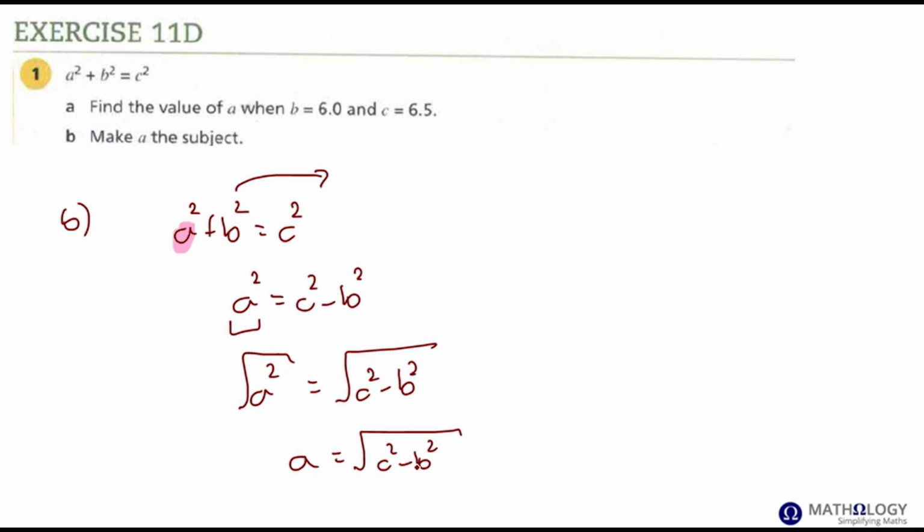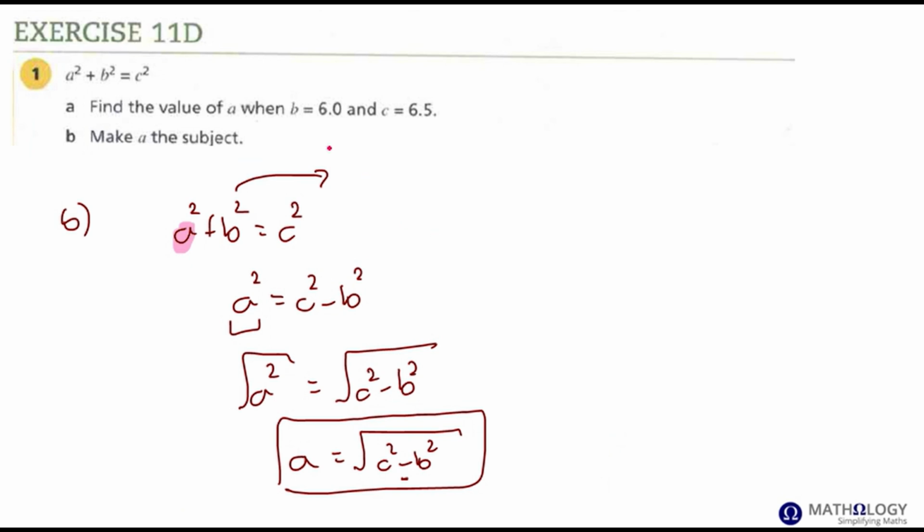Now under no circumstances may you square root over a plus or a minus sign. This is the answer. This is most certainly not c minus b. That is not the case. You cannot square root over a plus or minus sign. So a is now the subject of the formula.